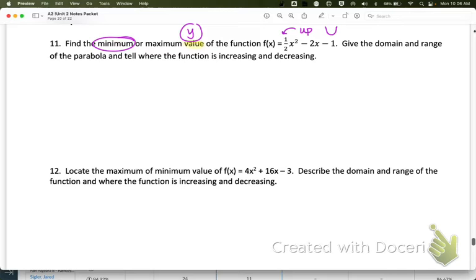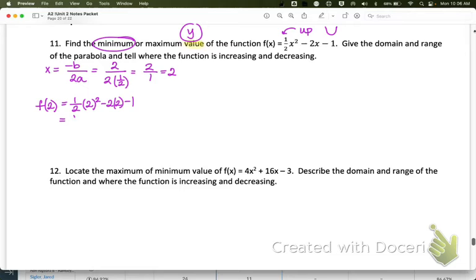So we're going to use our formula to find the axis of symmetry, x equals opposite b over 2a. So the opposite of b is going to be positive 2 over 2 times a, which is 1/2. So that's going to be 2 over 1, which is 2. Then we want f of 2, which is going to be 1/2 times 2 squared minus 2 times 2 minus 1.